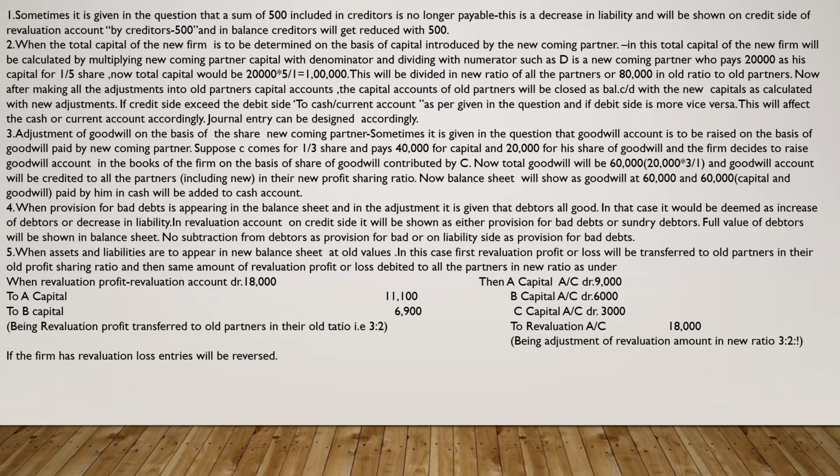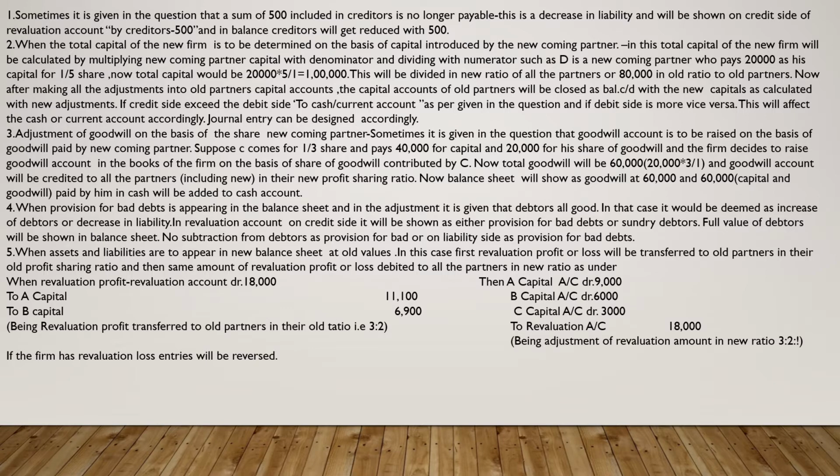Journal entry can be designed accordingly. If credit side is more, revaluation account debit to cash, partners capital account debit to cash or current account. If debit side is more, by cash or by current account.